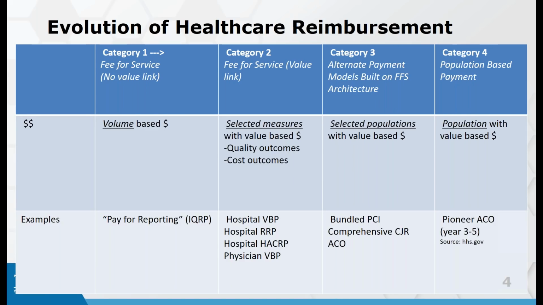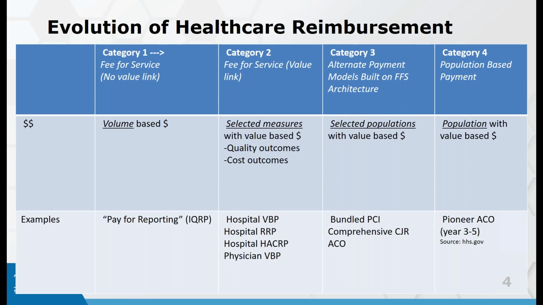I'm really happy to be able to talk to you a little bit today about HCCs, which stands for Hierarchical Condition Categories. It's kind of difficult to say. I wanted to start with a beginning slide to show a broad view of the evolution of healthcare reimbursement. For most of my career, and probably for those of you that have been out there a while, everything was based on volume: how many patients you saw, you got paid per patient.